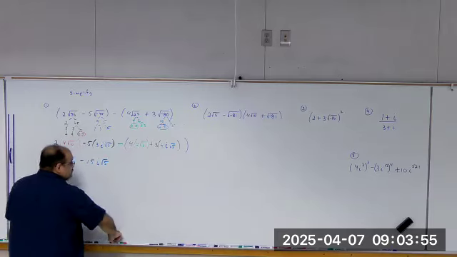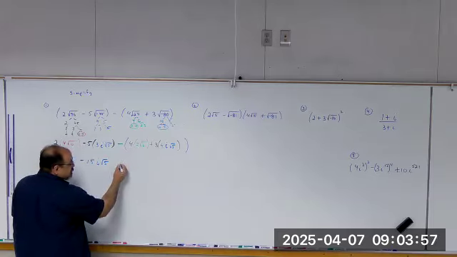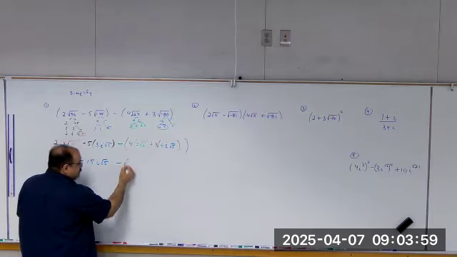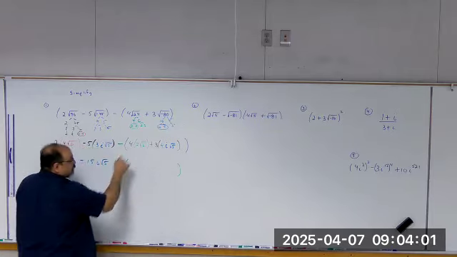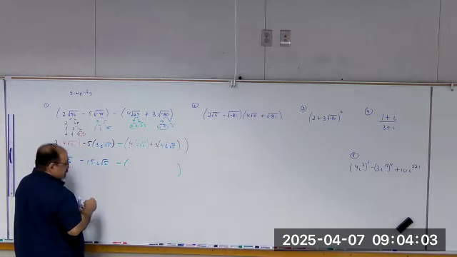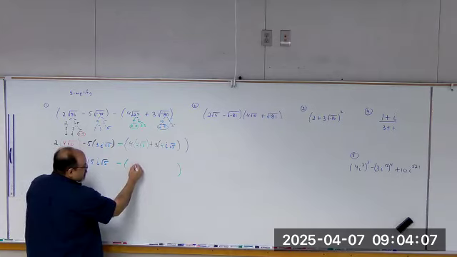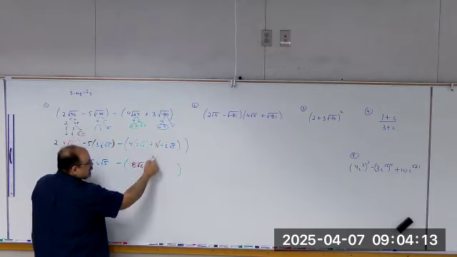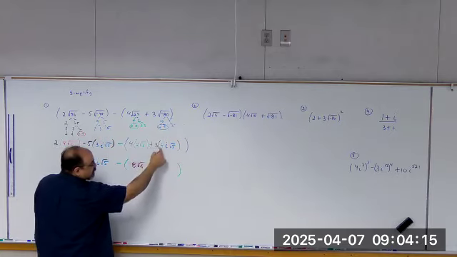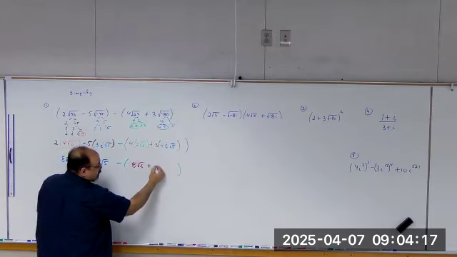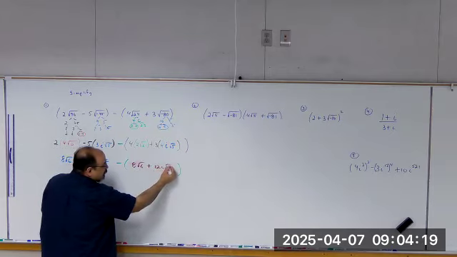So it's still minus parentheses 4 times 2, that is 8 square root 6. And then positive 3 times 4i square root 5, that's a positive 12i square root 5.